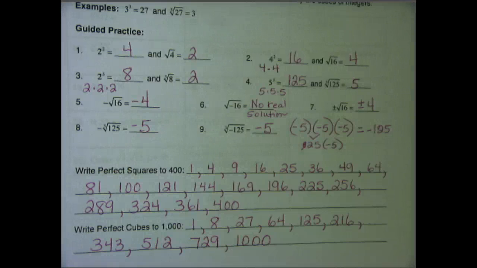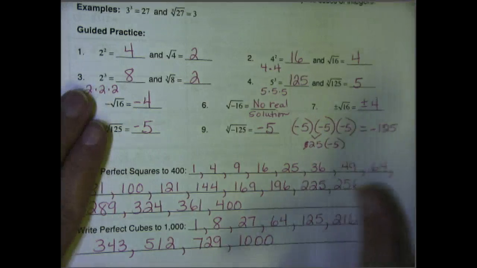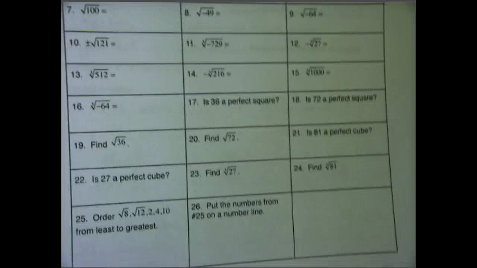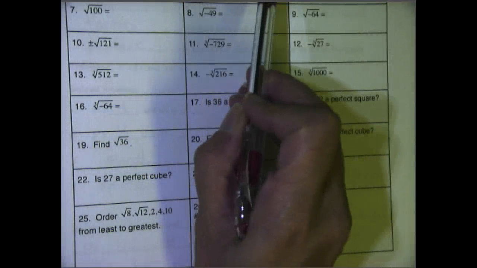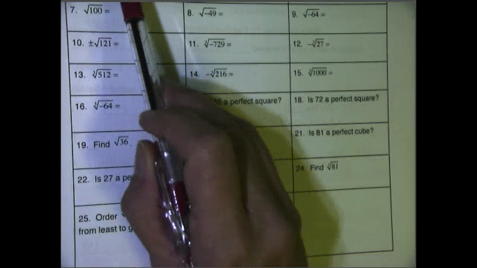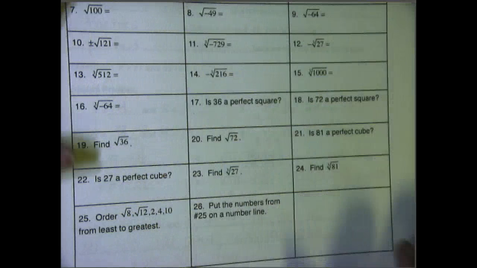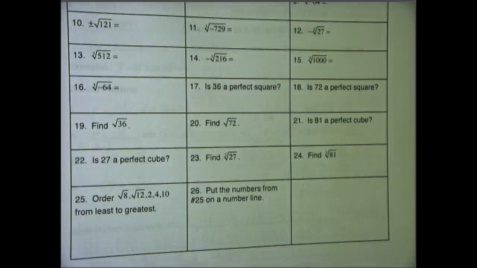Once you have finished with this basic skills review video for number 5, you may go ahead and start your homework. Basic skills homework number 5 says use your notes, do not guess. You may not use a calculator. You will receive a grade and there will be a quiz over this material. You'll notice at the bottom that there are some square and cube roots that are not perfect squares or perfect cubes.